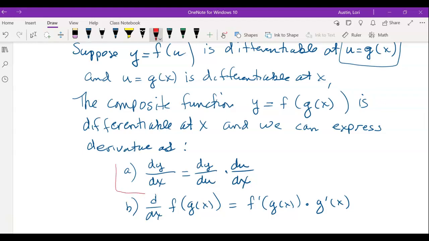Again, I like this one better because I think this is the one that helps you in the future. That's why I like to use it.